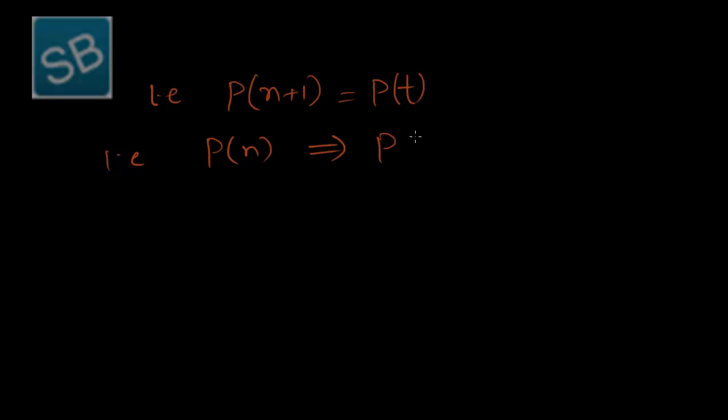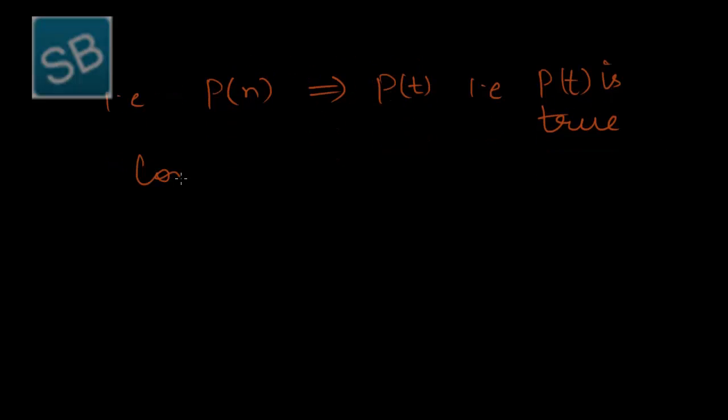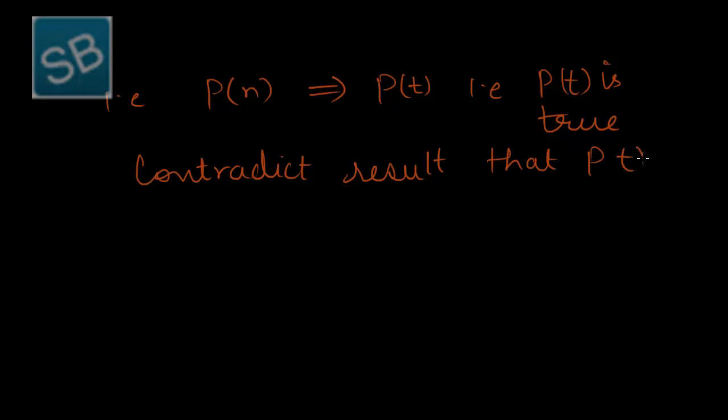Now, since P of n plus 1 is true and P of n plus 1 is equal to P of t, that implies P of n implies P of t. That means P of t is true. But this is a contradiction, because P of t is false.